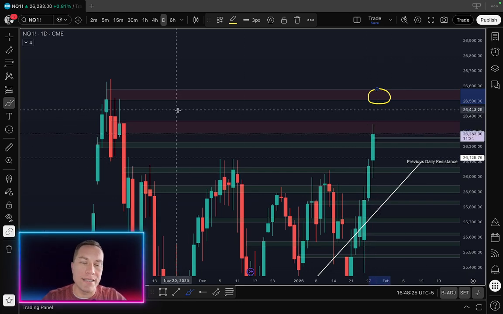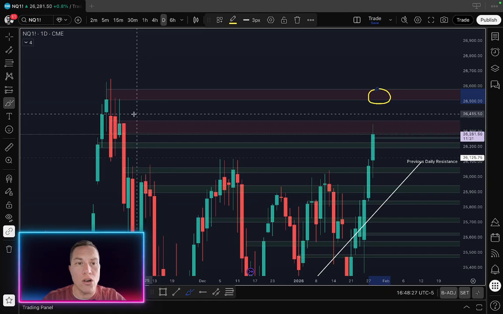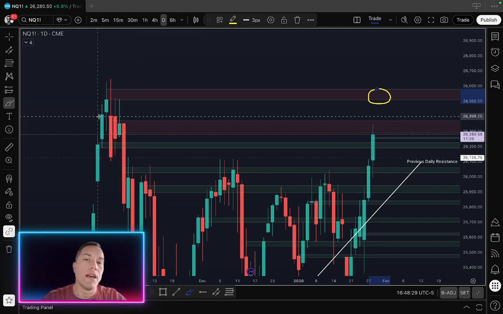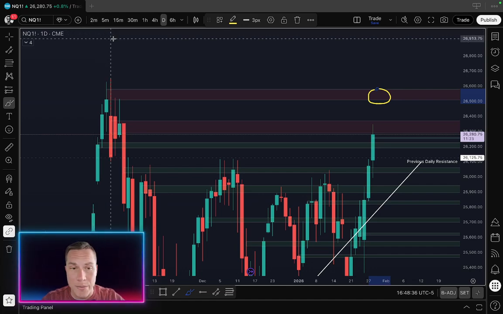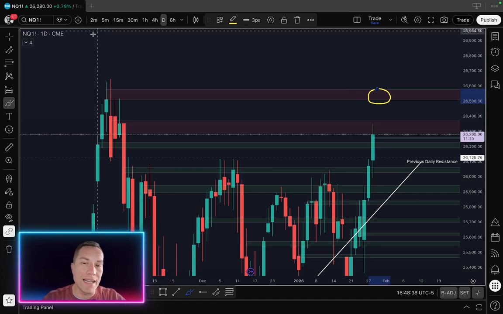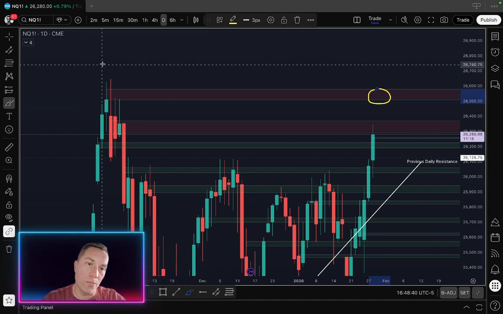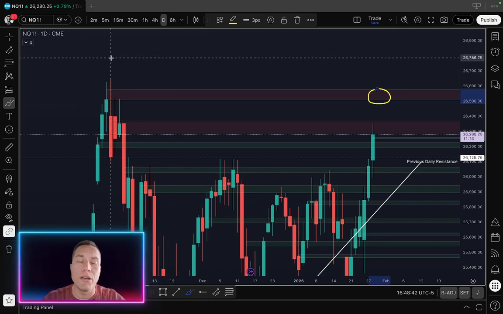But again, you can't just YOLO into longs expecting it to work. It depends on your psychological level. It depends on what your risk management looks like. It's not just technicals. That's part of it, but there are other parts of the game that you have to learn. Those are things that I'll talk about as we move forward.